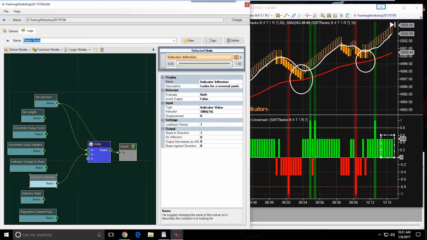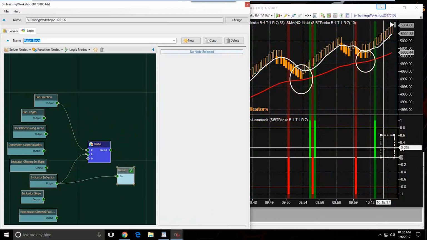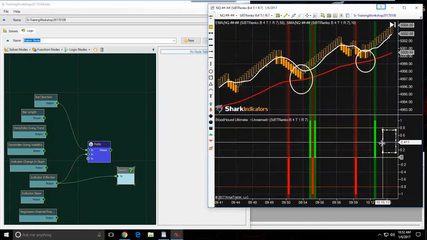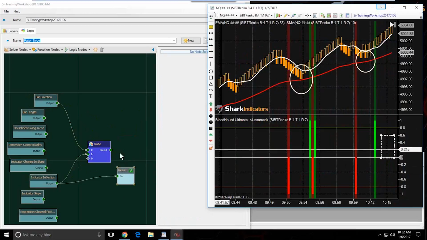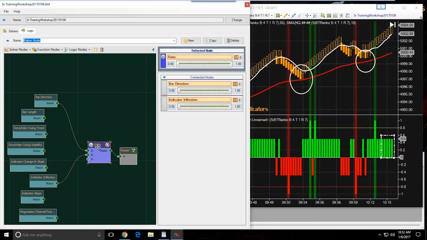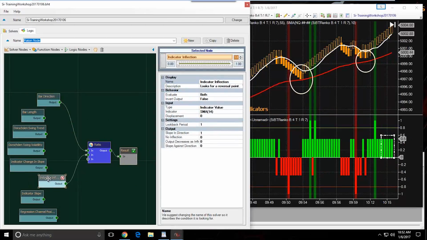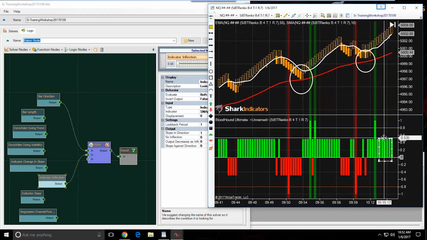So basically, the bar direction solver is going to be long, but the inflection solver has no output right here, so it's 0. So with the ratio node, one solver has a long output, so that's worth 50%, and the inflection solver has no value, so that's 0. So you end up with only 50% here.